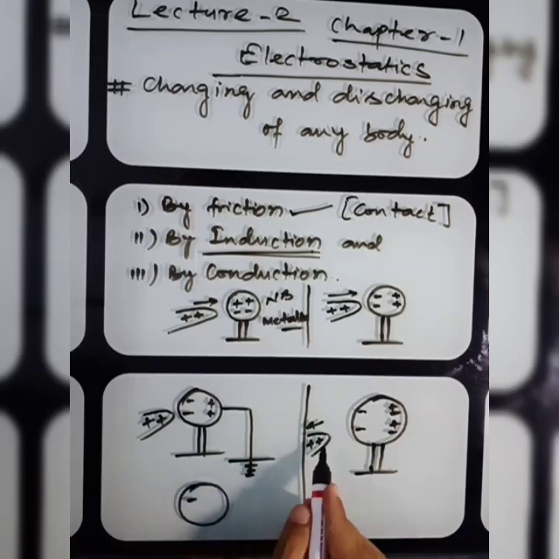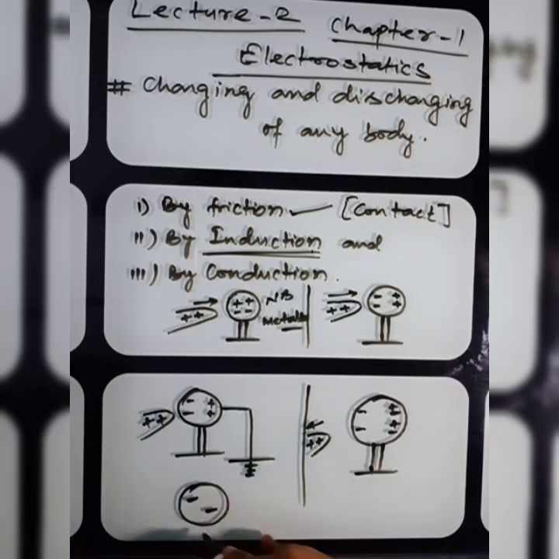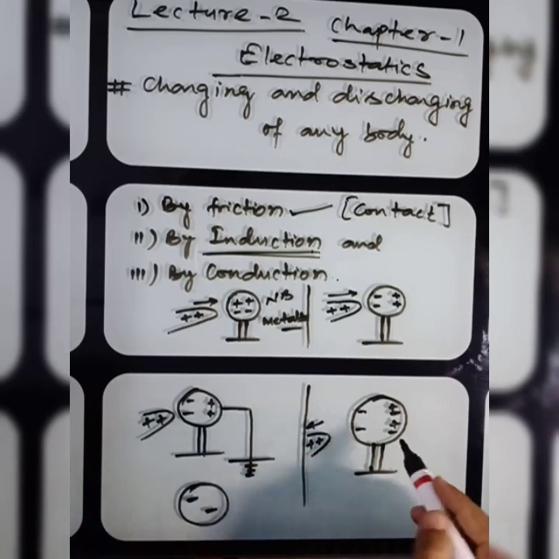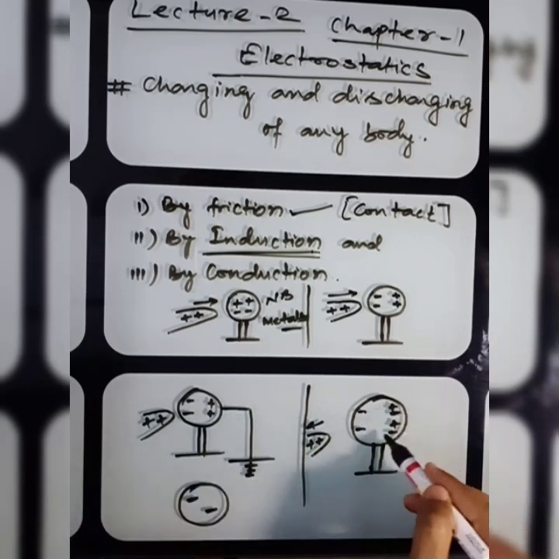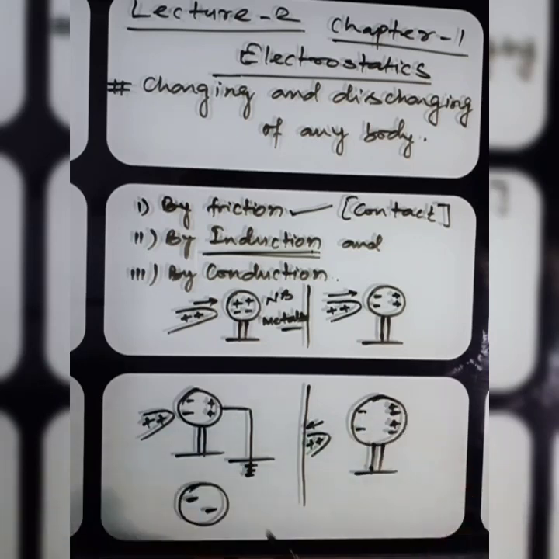After removing this rod, what will happen? This negative charge gets uniformly distributed over the body, and this body will be considered as negatively charged.